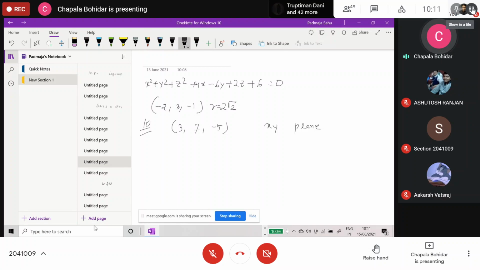So what is the value you get? That is 0 minus 5 squared. It is the positive root.